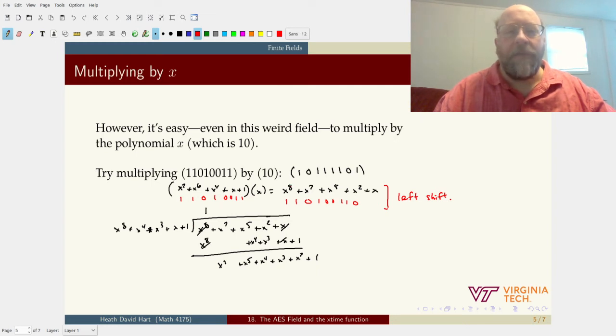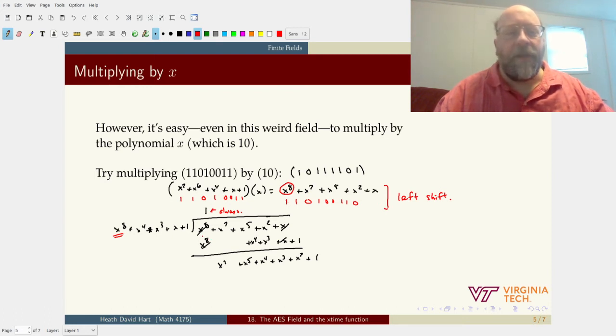Well, that means that this power can't go any higher than 8. This could go from x to the 7th to x to the 8th, but we can't end up with a 9th, 10th, 11th, 12th, any higher degree polynomial, which means that if we're dividing by x to the 8th, this is always going to be 1, assuming we have to divide at all.